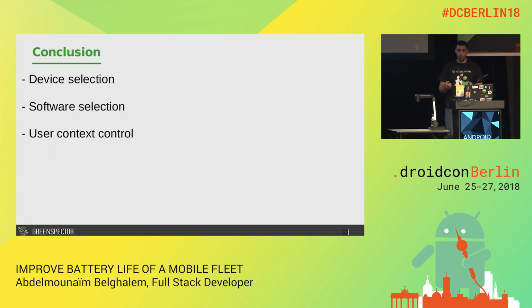Software selection, which is framework selection and library selection. I didn't speak about it, but it's very important. Sometimes using a library is faster, but is it really worth it in terms of energy consumption? And finally, the user context control, which was: please be sure to check the network conditions before making any requests. Be sure that you're aware of the environment before doing something that needs that environment to work properly.